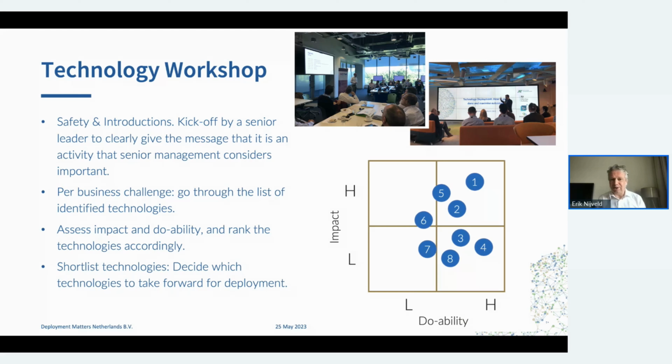And then shortlist the technologies and decide which ones to take forward. You can't do everything, and it's better, as said, to focus on a couple of key ones. And the moment those key ones have been done or set into motion, you can fill the hopper and get the next ones going.